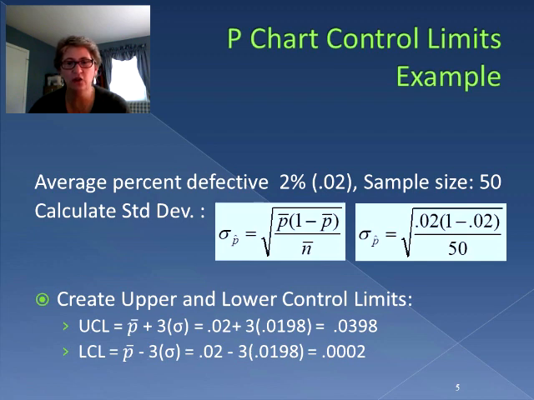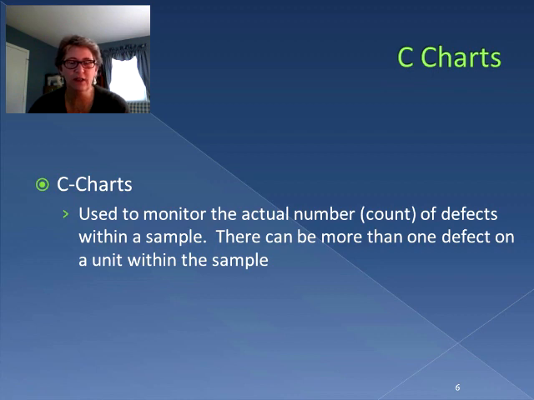We're going to be collecting samples of data, calculating the percent defective in that sample. As long as that percent defective falls between these two limits, we consider the process in control. If it falls outside the control limits, we say it is not in control, and we start looking for an assignable cause.